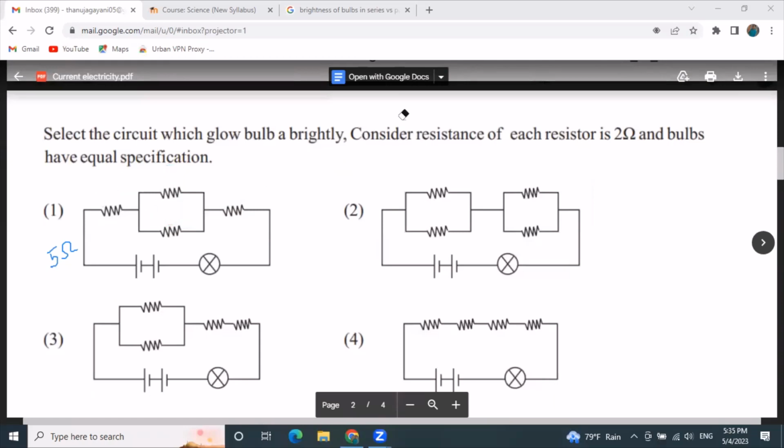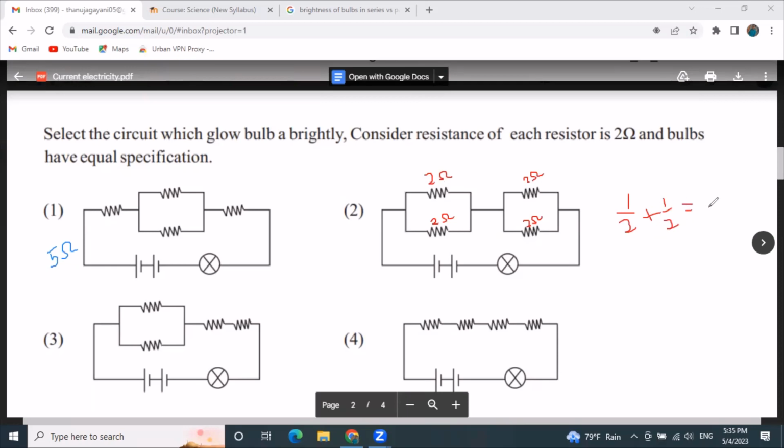Okay. Next, let's find the value of the second circuit. Here 2 ohm, here 2 ohm, 2 ohm, 2 ohm. Then we know that it means 1 over 2 plus 1 over 2 because it is the parallel combination method.